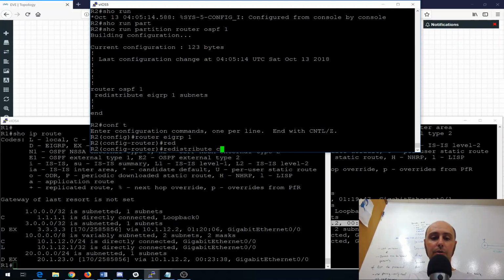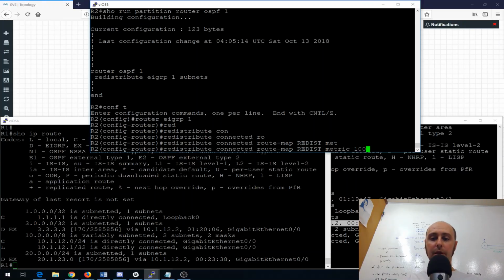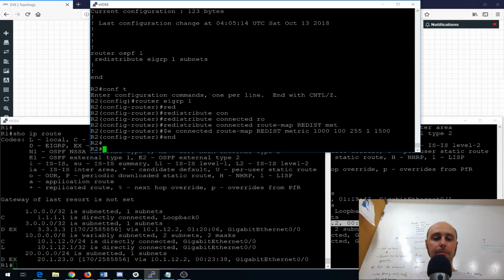We're going to redistribute connected. I'm going to filter it through a route map called redist, and I'm going to go ahead and set the metric value to 1100 255 1 1500, which just fills in the values that we need. Hit enter.